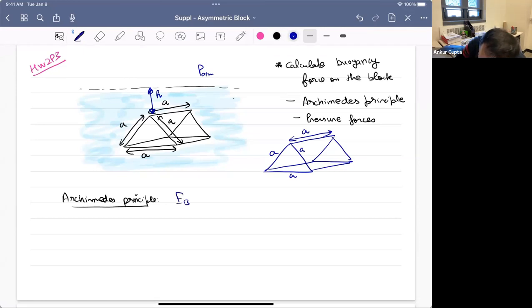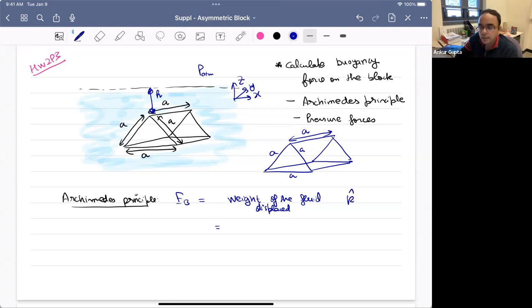So let's define this X, Y, and Z, so it will be in the k cap direction. So buoyancy force is the weight of the fluid displaced, right? And then it is in the positive k cap direction. So we have to find basically the weight of the fluid displaced by this block.